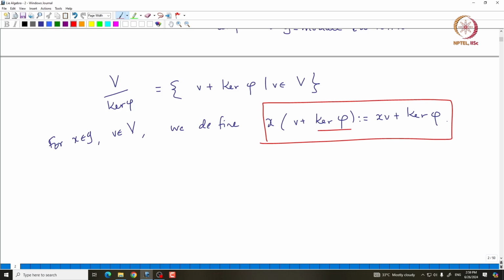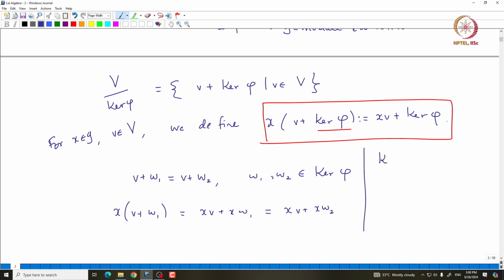If you take any two representatives, for example, v plus some w1 and v plus some w2, where w1 and w2 both come from the kernel, then the action gives x of v plus w1, that is going to be xv plus xw1, which is same as xv plus xw2, since kernel phi is indeed a submodule.